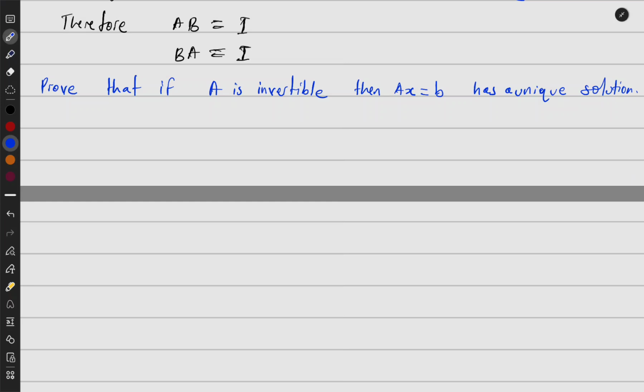This is one of the easiest because, based on what we have done, this is now a piece of cake. So we see that if A is invertible, then AX equals B has a unique solution. You begin from what you know. So suppose A is invertible.